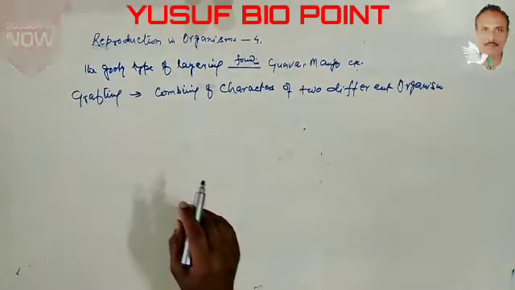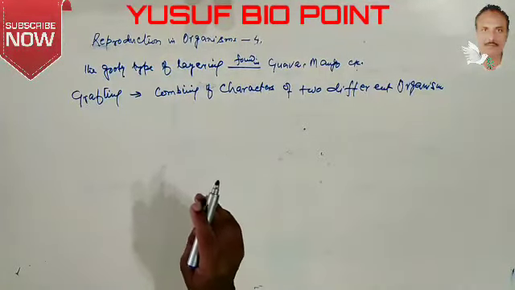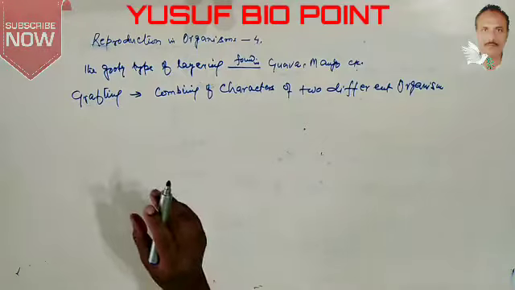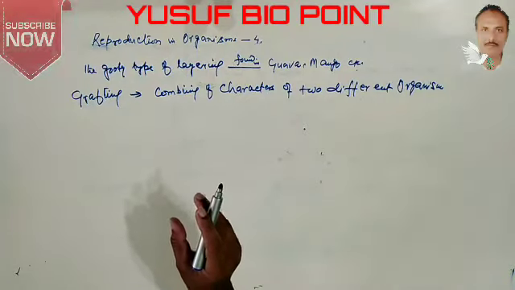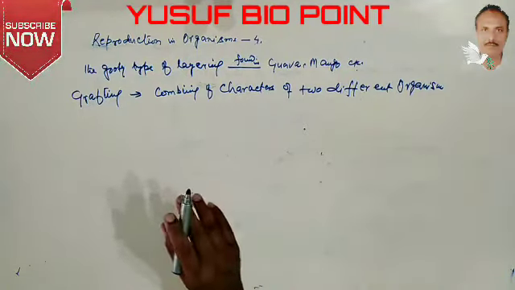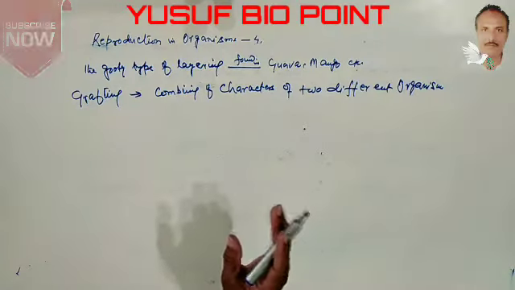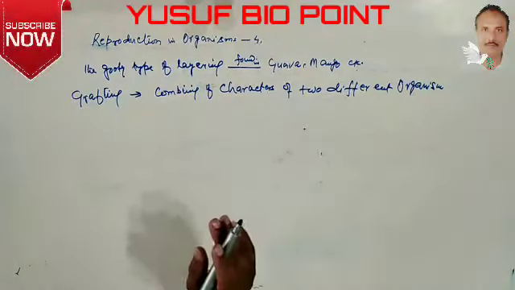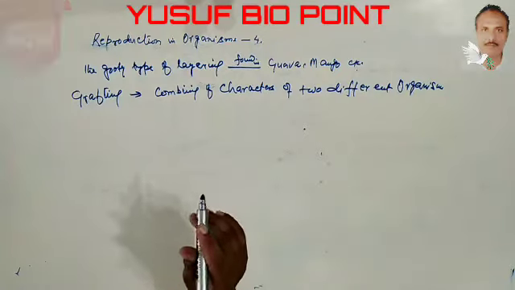In this, we combine the characters of two different organisms. Suppose one is a dominant character, one is a recessive character, one has some good characters, one has not-good characters. So we can combine these to get the good characters.